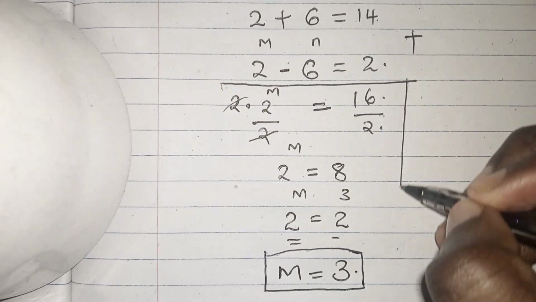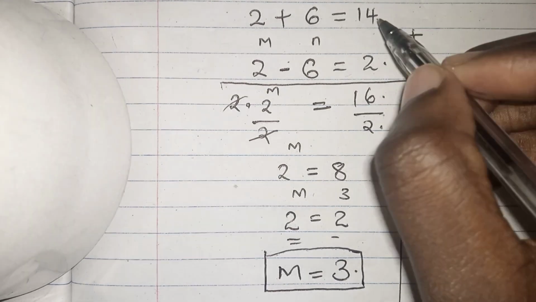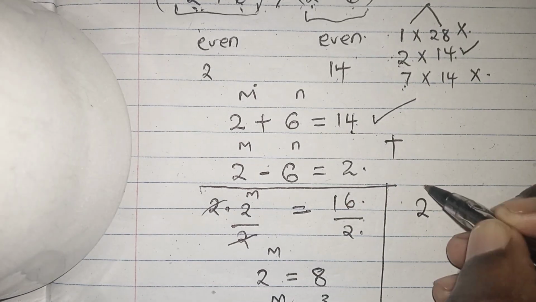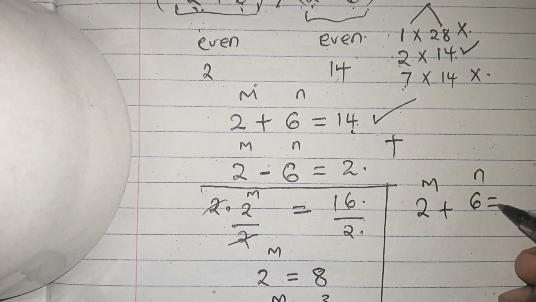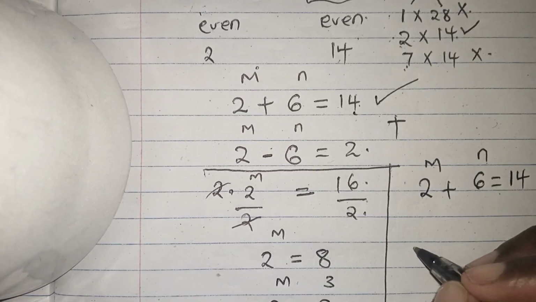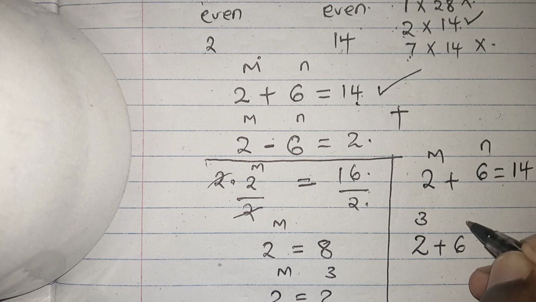So now let us get the value of n. Using this equation here, 2 to the power of m plus 6 to the power of n is equal to 14. We have the value of m as 3, so 2 to the power of 3 plus 6 to the power of n is equal to 14.